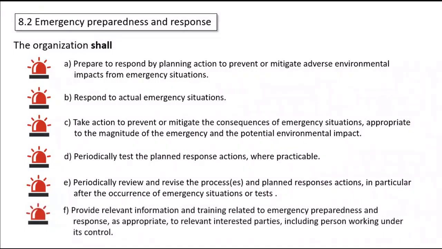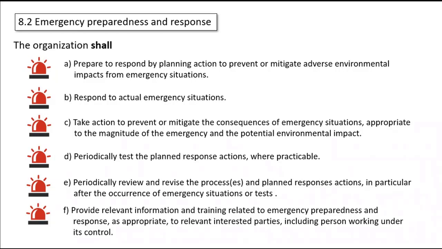And the last part, you need to provide relevant information, either about the actual emergency or the training information related to emergency preparedness and response, as appropriate to the relevant interested parties, including persons working under its control.